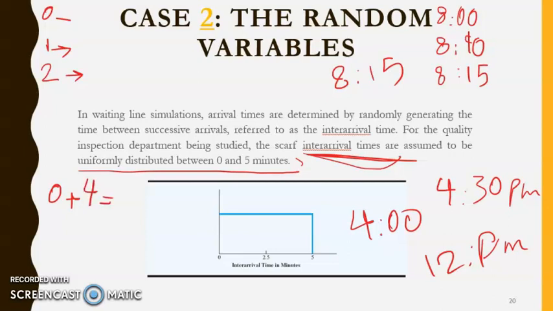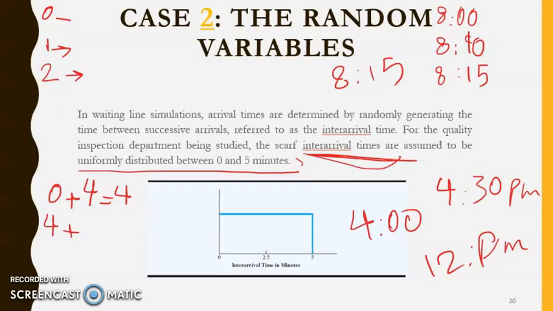So 4 means that the first customer comes to the inspection station at the time of 4. Now with 4 as the beginning time, we go for the second customer.